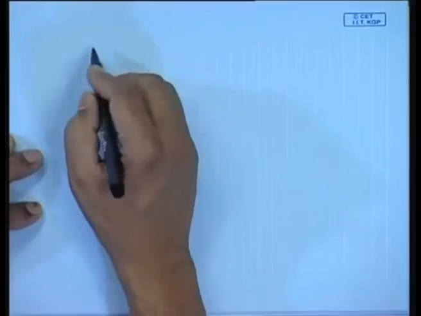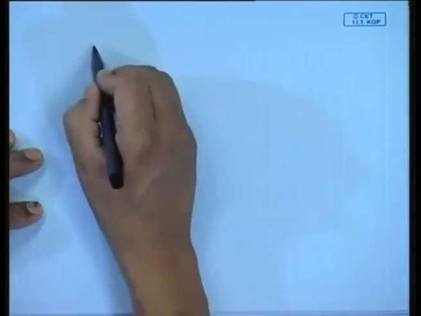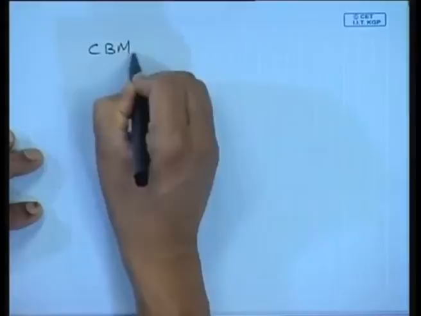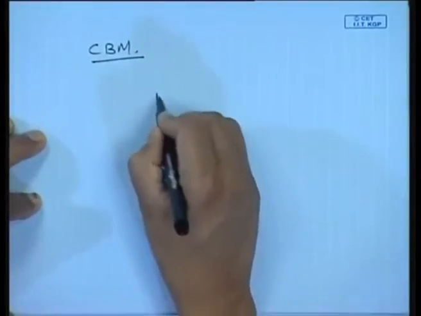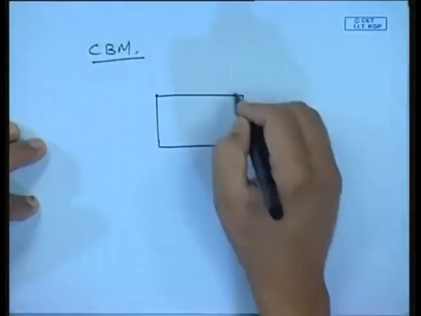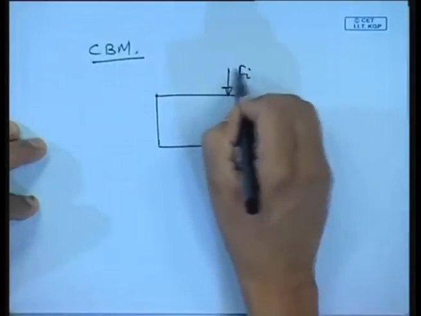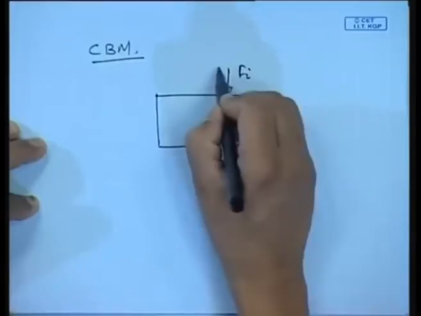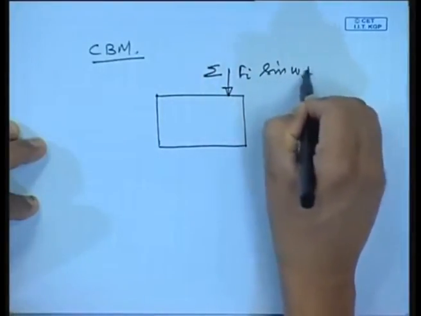Now, you will see certain interesting relationships here, in the sense, why are we studying this vibration and how does it help us in CBM? If you take a machinery, there could be many forces, which I am writing as the summation of F_i sine omega_i t.